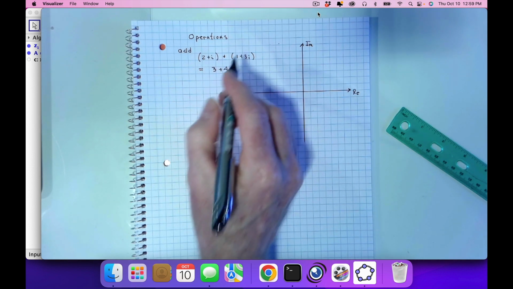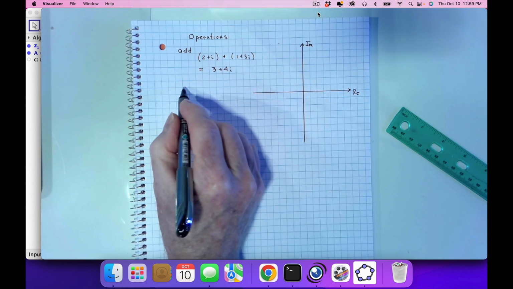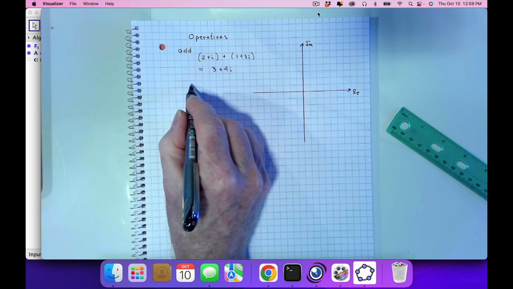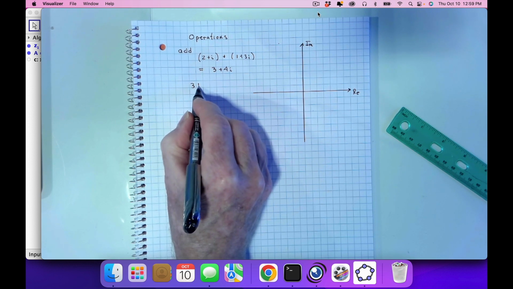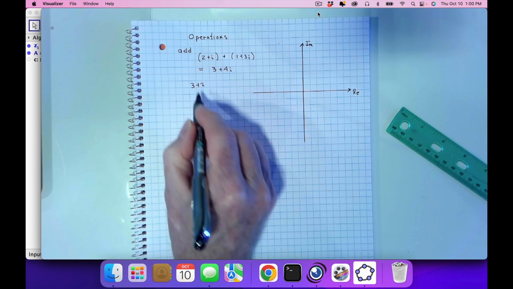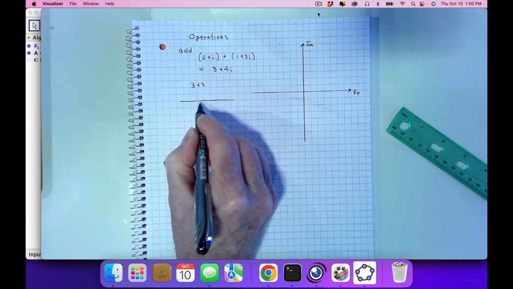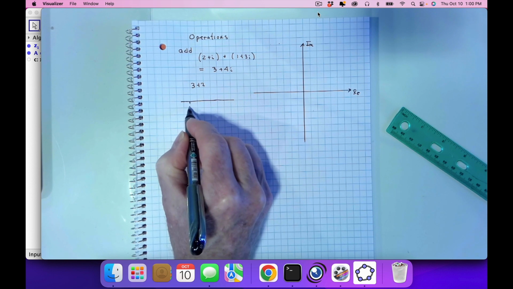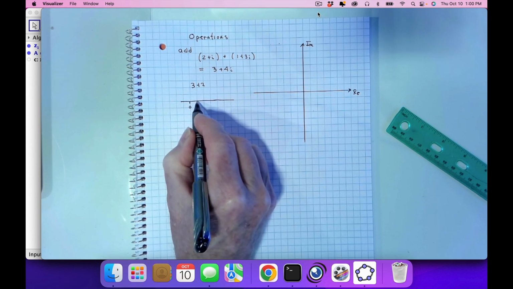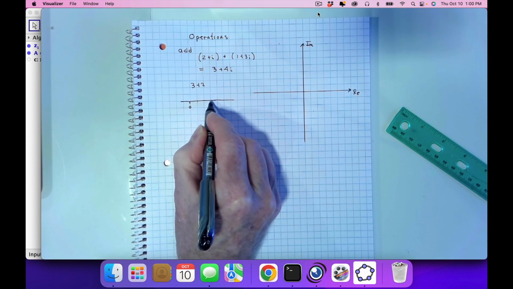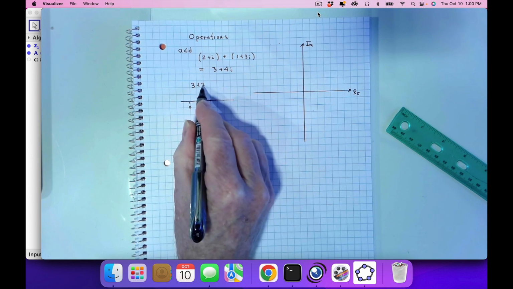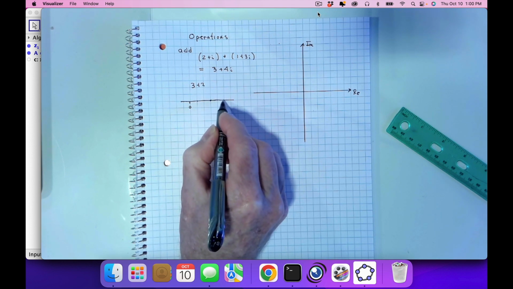So, first of all, if I'm adding just real numbers, like 3 plus 2, and I want to visualize this operation on the real number line, you would take 3 steps, 1, 2, 3, and you land here. And then take 2 more steps, 1, 2, and you land here, and your result is 5.